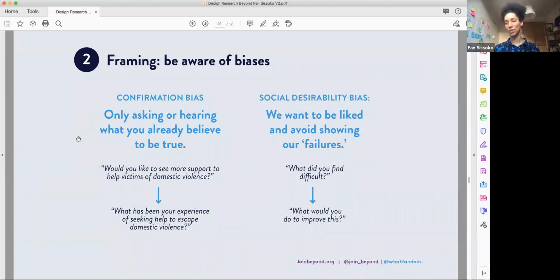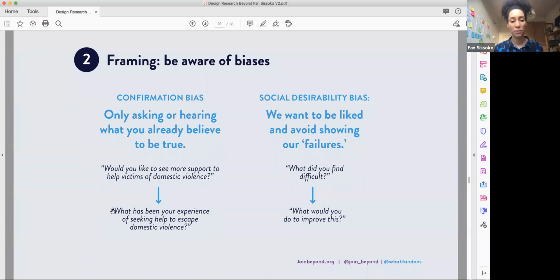So you're going into research and you're not really open to being challenged. And the framing of the question can change that. So for example, if you ask people, would you like to see more supports to help victims of domestic violence? Then obviously the answer is going to be yes, that's very likely.